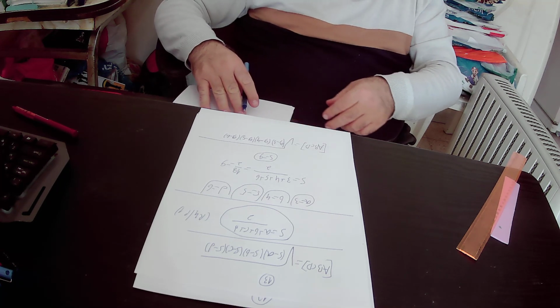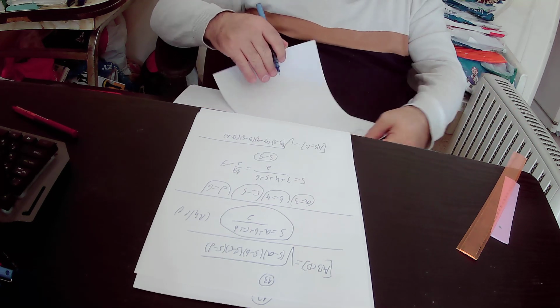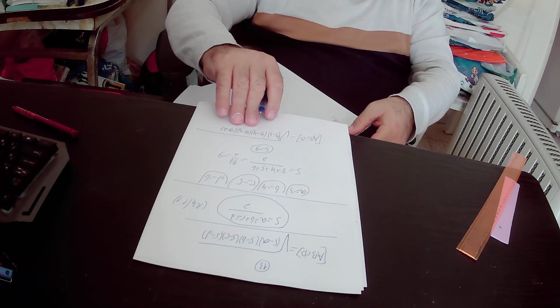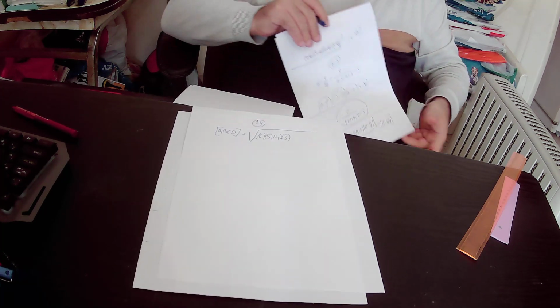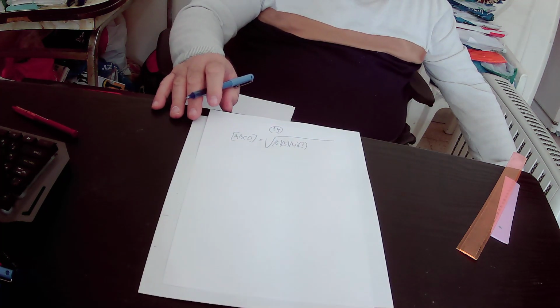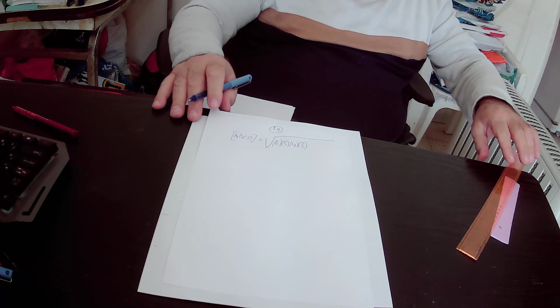So in total, the area of quadrilateral ABCD equals the root of 6 times 5 times 4 times 3.